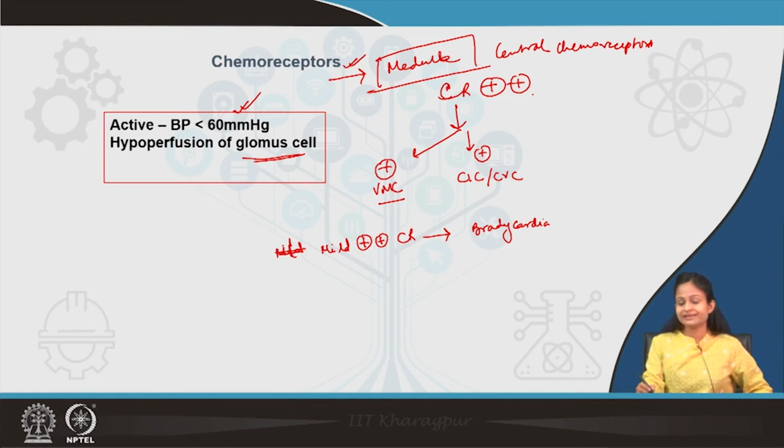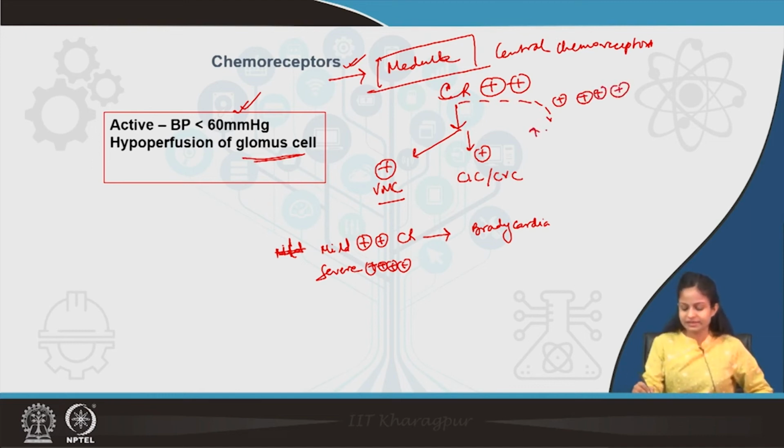But whenever there is more and more stimulation, or severe or intense stimulation of chemoreceptors, a separate pathway comes in. What will happen?